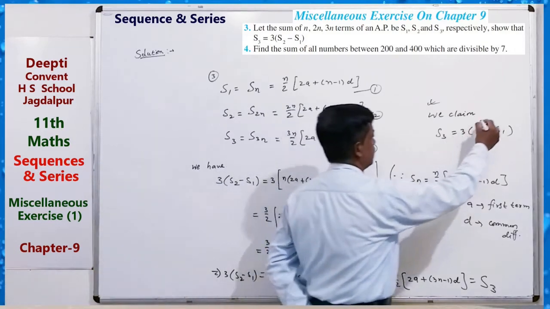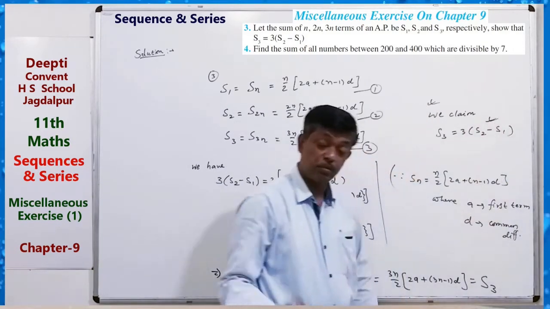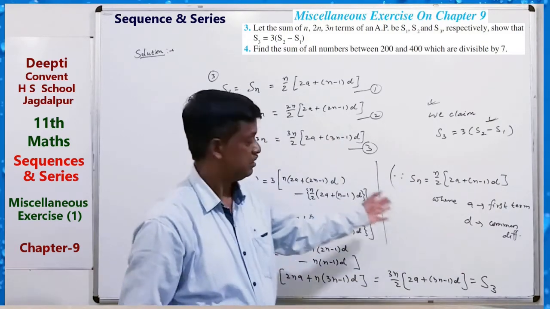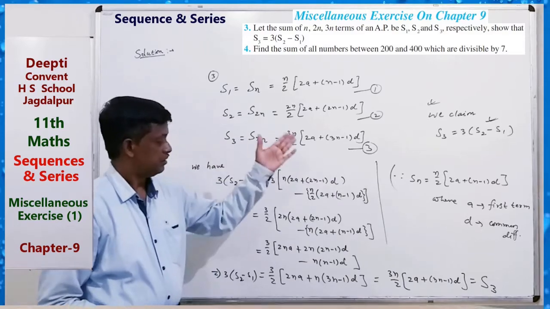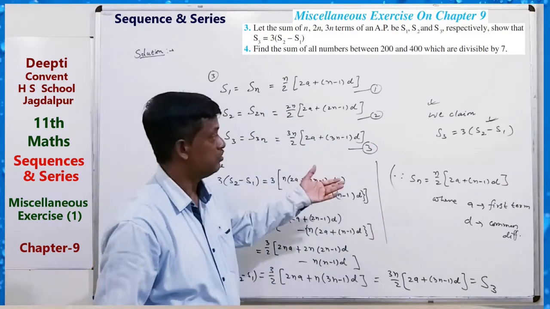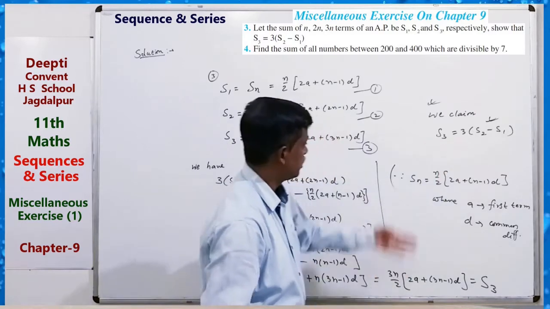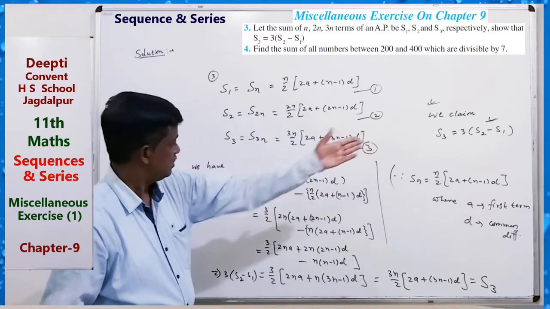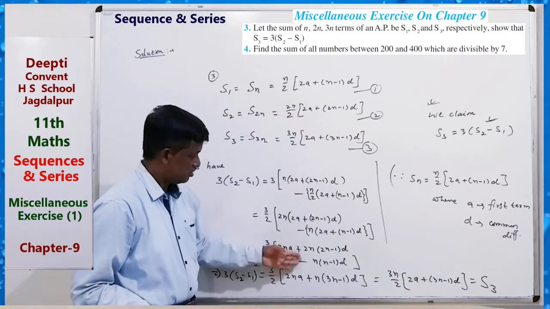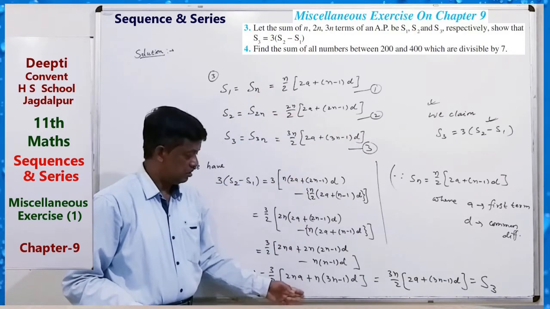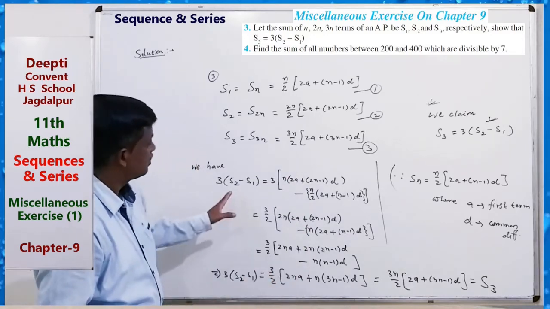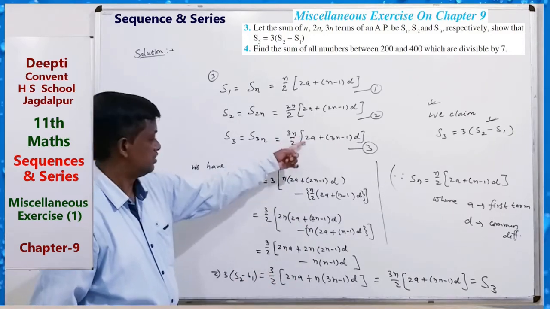This is proved. Okay, so just use all the formulas and in a systematic way write how we get the required result. So for getting this, the right hand side is here, just using these two values and arranging in such a way that we can get the left hand side, that is this.